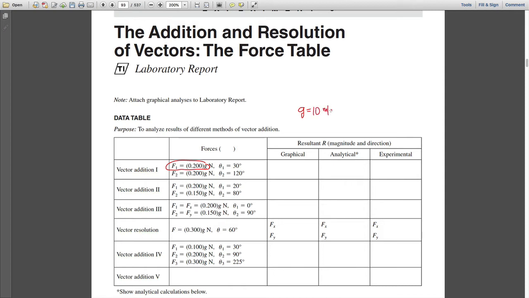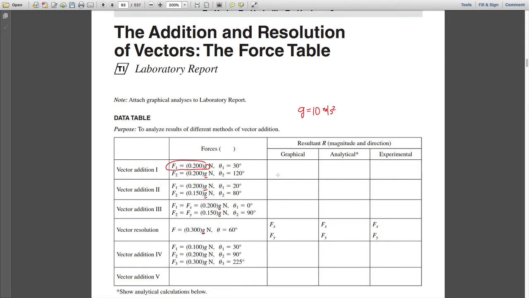We're not going to kill ourselves trying to approximate 9.8 and approximate the forces on a graph paper. That's going to be very difficult for us. So we're going to use g throughout this experiment as 10 meters per second squared. Every time you see lowercase g, it means multiply the number in parentheses by 10. That's the easiest way to do it.